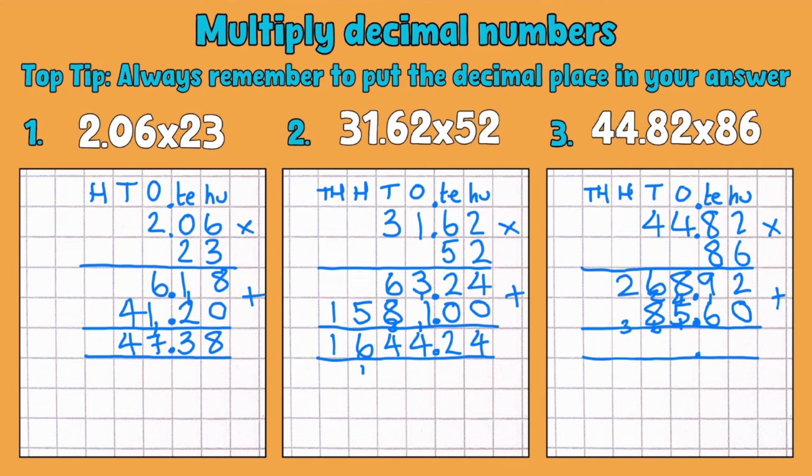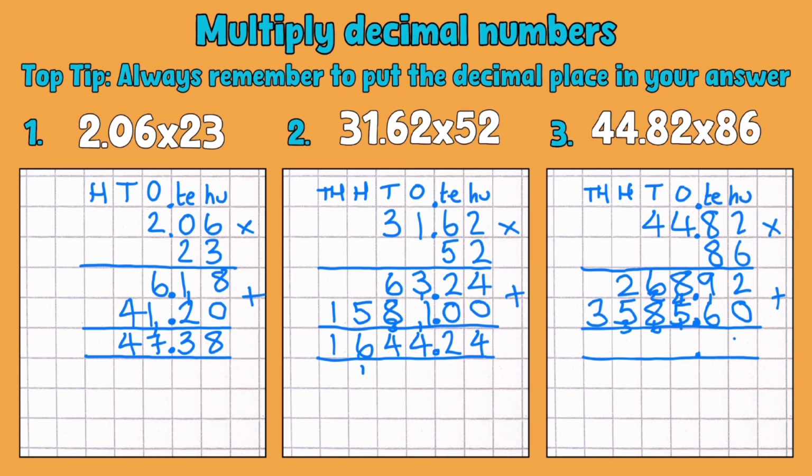Add the 3 is 35. And there's nothing else to times by again, so I can just write that number straight in there. Right, so 44.82 multiplied by 80 is 3,585.60.